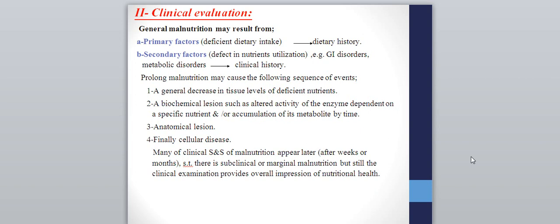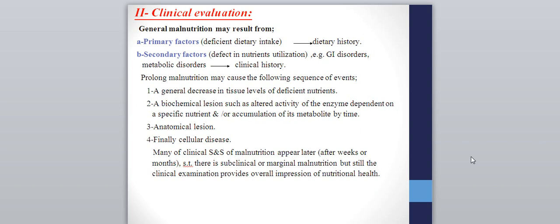Some enzymes depend on that specific nutrient and their activity will be eliminated or decreased, which leads to accumulation of other metabolites. By time there is an anatomical lesion, and finally there is cellular disease.